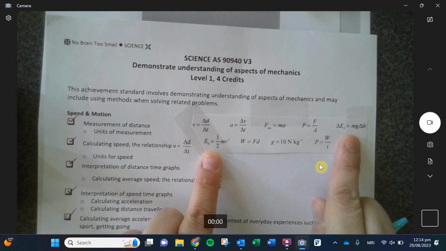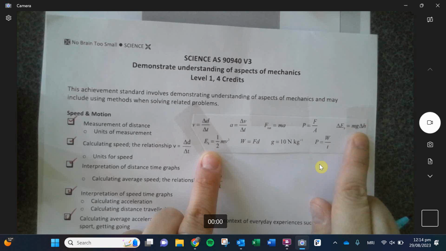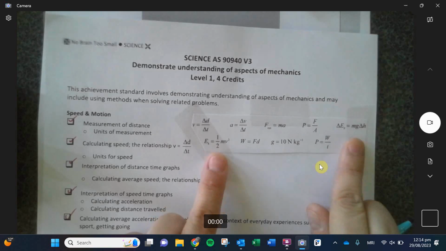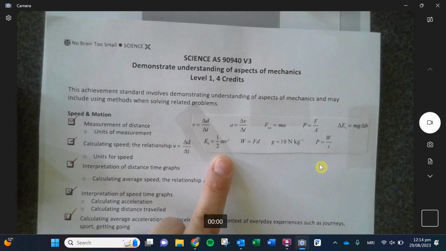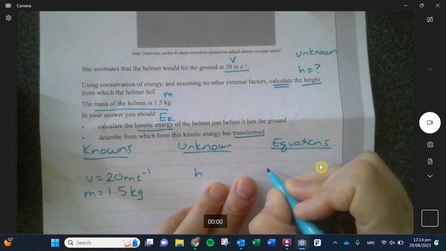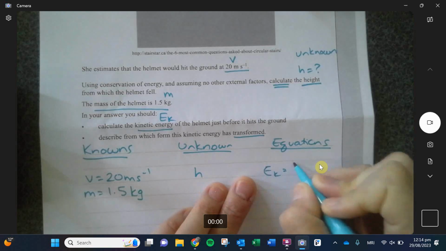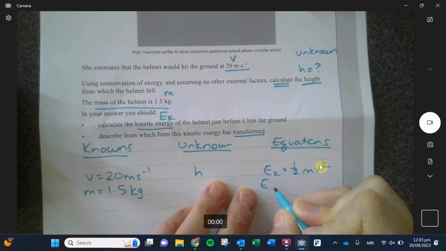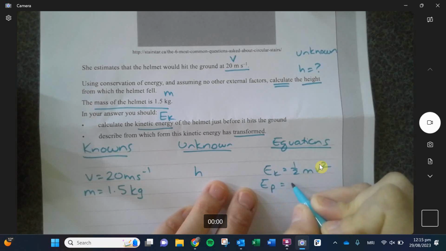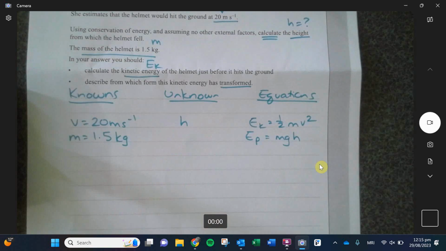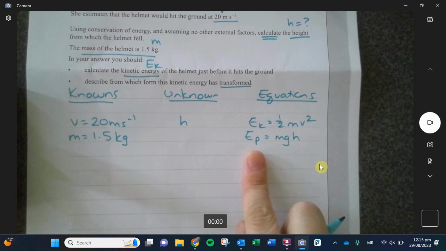There's also the gravitational potential energy, which is mass, g, and height. So we can see here from these two equations, I have what I need in order to solve. So I'm going to copy those equations down. So EK equals 1/2 mv squared, and EP equals mgh. So that's gravitational potential energy.